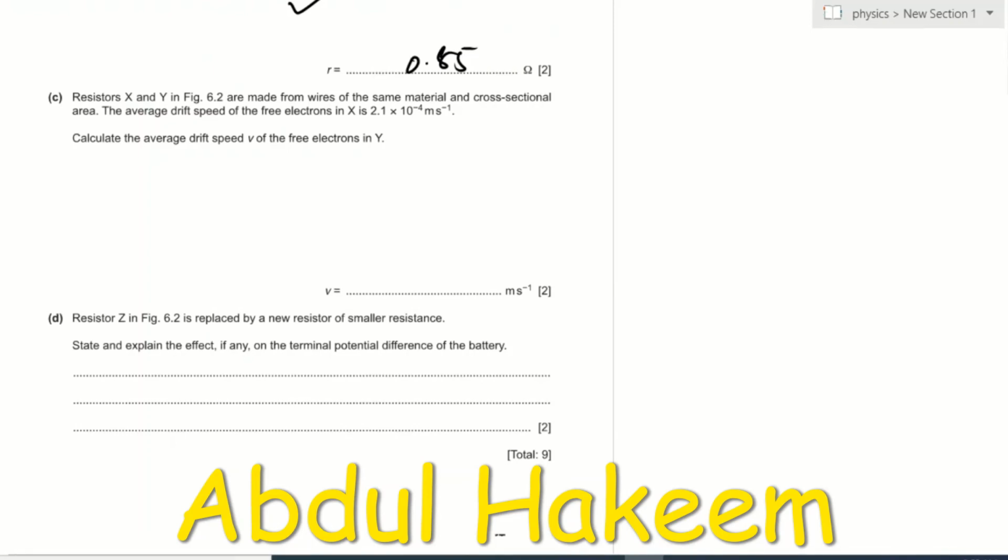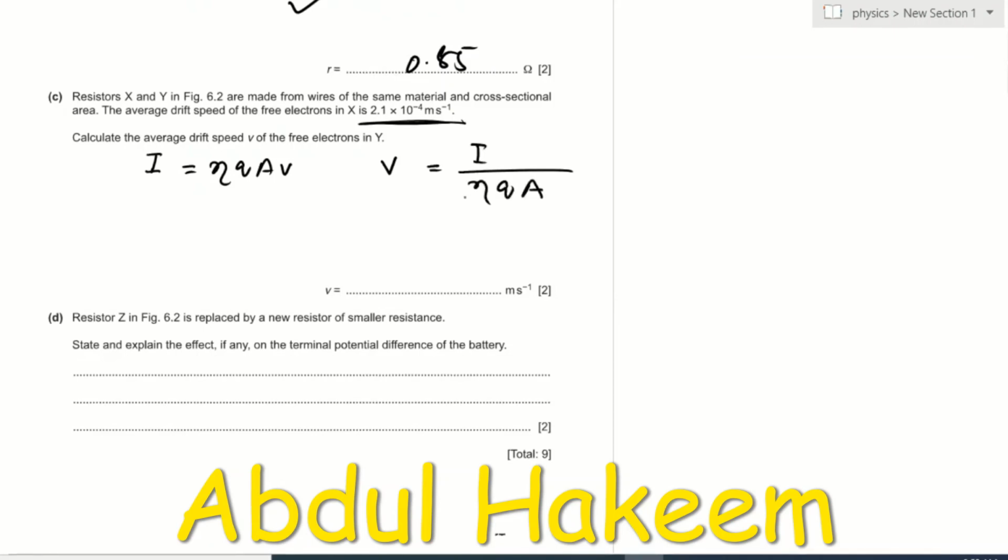Calculate the average velocity of the free electrons in Y. Look, I is equal to n Q A v, so drift velocity is equal to I divided by nQA. Same material, same number density of free electrons, same charge of the electron, and same cross-sectional area. So the drift velocity is directly proportional to current.